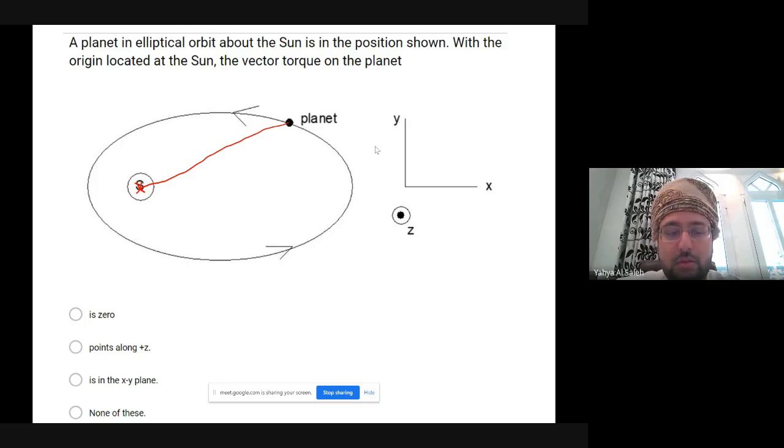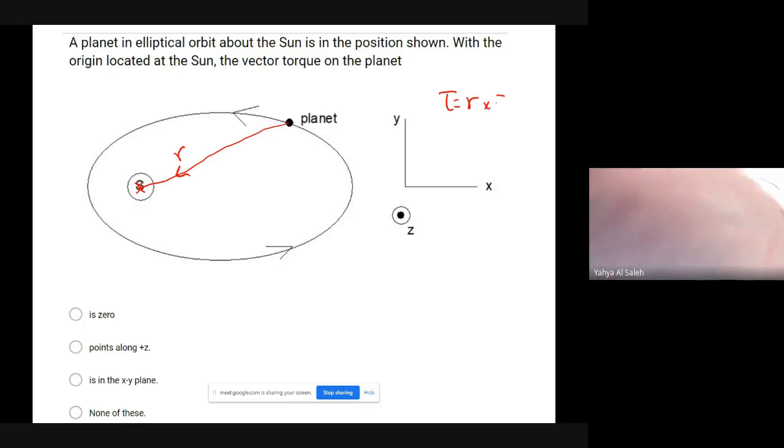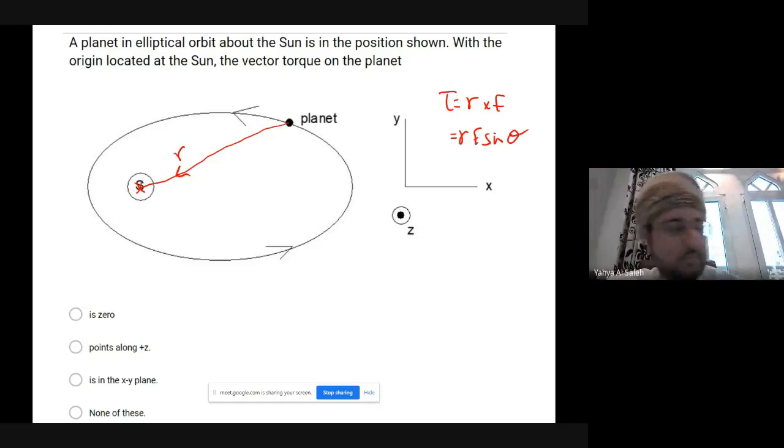Second, let's look at this. This is R. Yes, this is the moment arm. Where is my force located in circular motion? If I am going through a circular motion, then we know torque equals R cross F, otherwise known as RF sine theta.